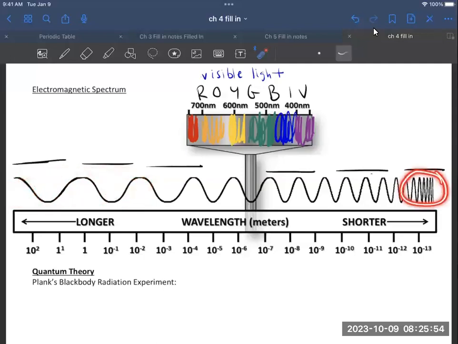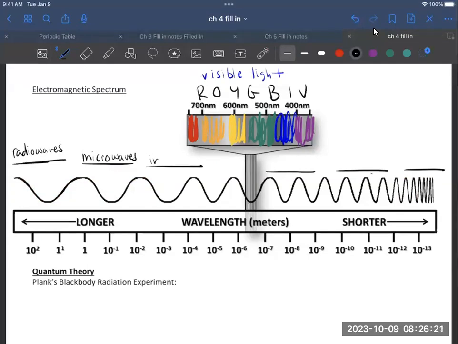Over here, we have a higher energy wave. Higher frequency means that it's carrying more energy. Lower frequency means it has lower energy. The lower energy waves are our radio wave signals. After that come microwaves. And yes, I'm talking about the food cooking microwaves.